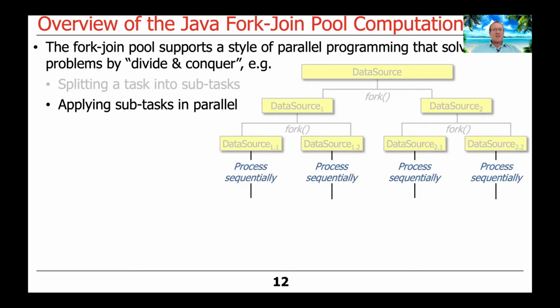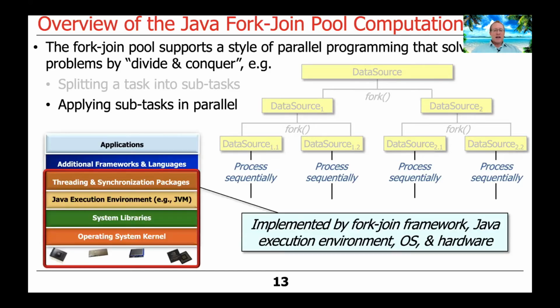Another way of looking at this is that each chunk is then allocated to a thread that runs in a pool of threads that's mapped to the underlying processor cores. And each chunk runs sequentially, but all the chunks together run in parallel. And this diagram kind of shows how that would work.